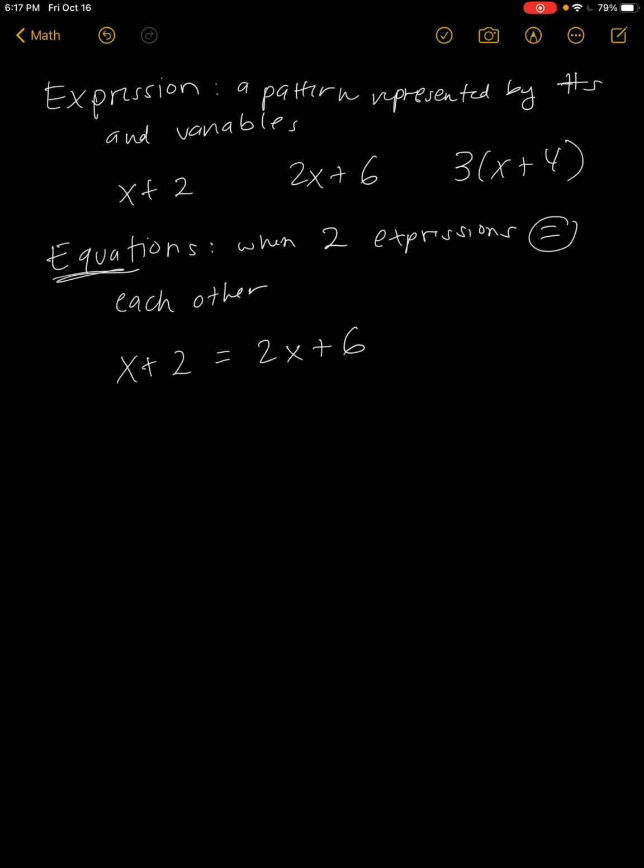Where before it's just an expression, there's no equal sign. Now we have an equal sign here. We're saying this is equal to that. So these two are the same thing. They're equal to each other. Right? And then we're going to start breaking down how we solve these equations. Okay, so we're going to start really simple at first.